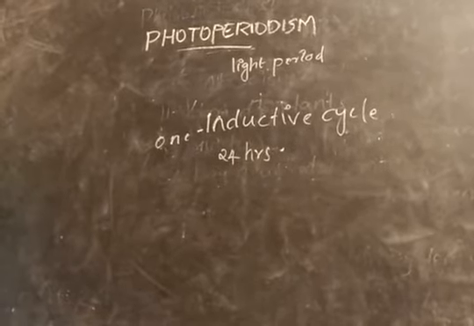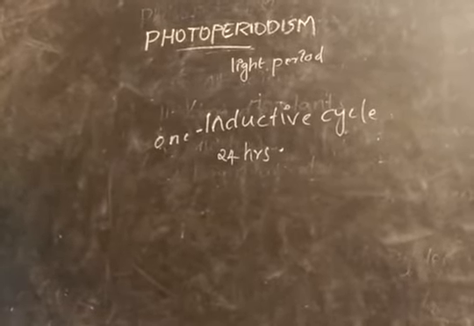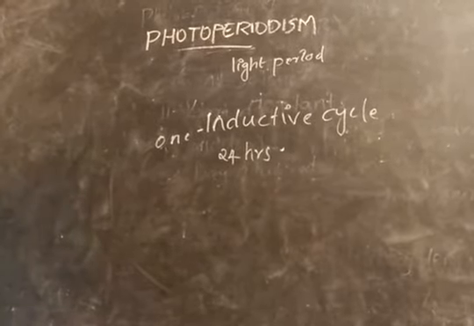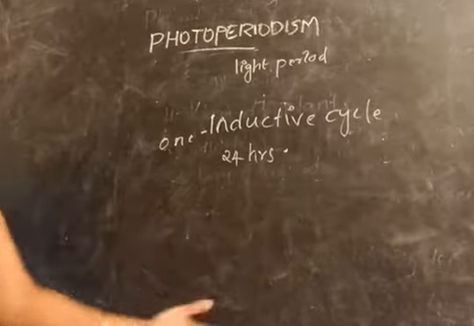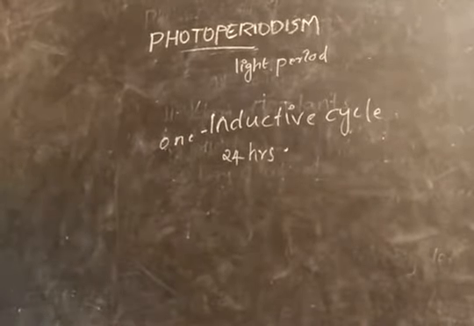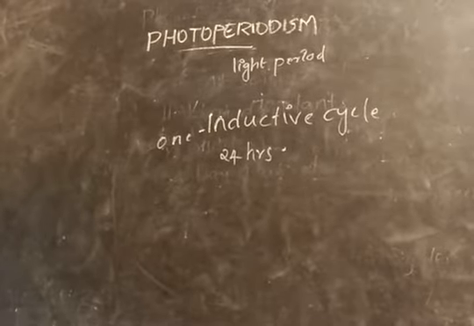Plants may require one or more inductive cycles for flowering. The phenomenon of conversion of leaf primordia to flower primordia under the influence of a suitable inductive cycle is called photoperiodic induction.